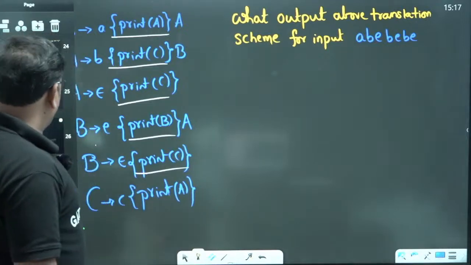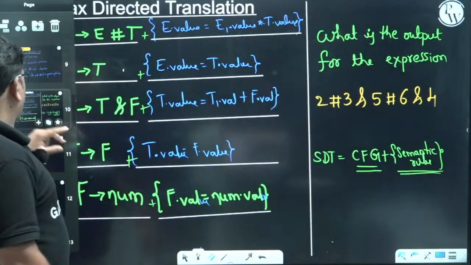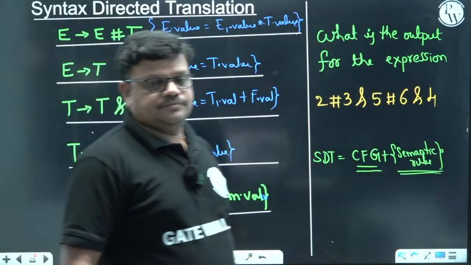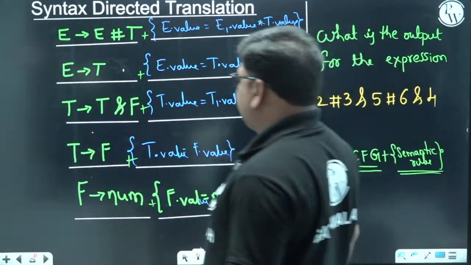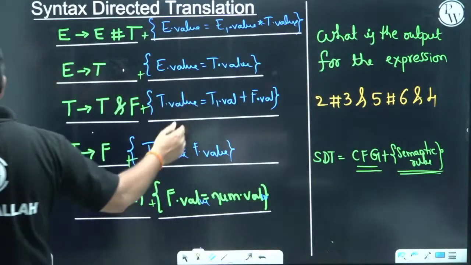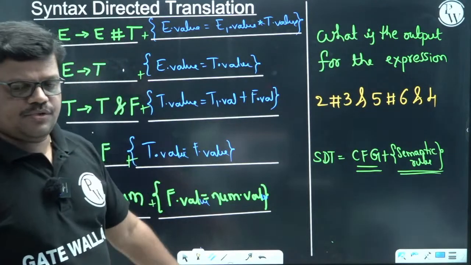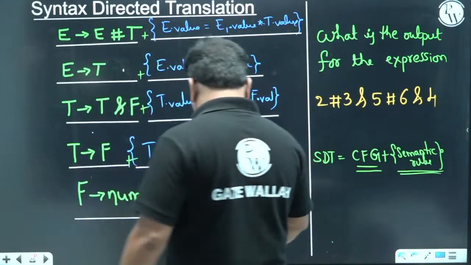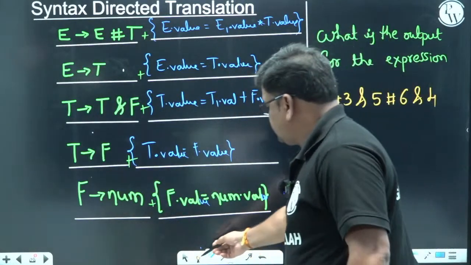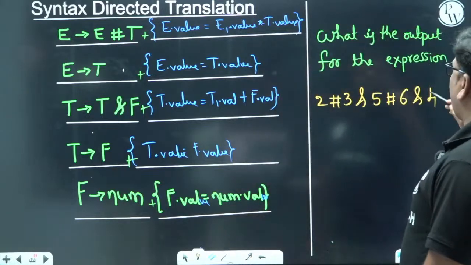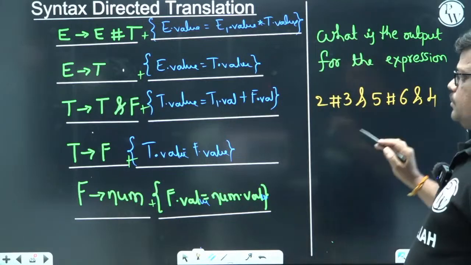Now what we have to practice here is, if these types of SDTs are given, how to evaluate them. This is one of the questions asked in a GATE paper, directly from the GATE paper. How we'll get the question is: what is the output for the expression 2-3 plus 4?